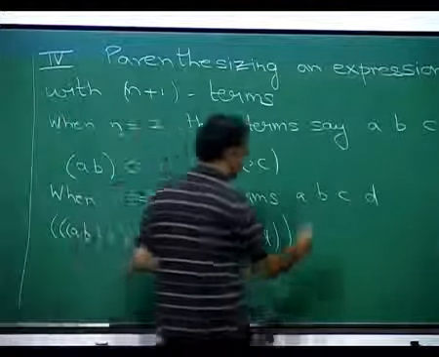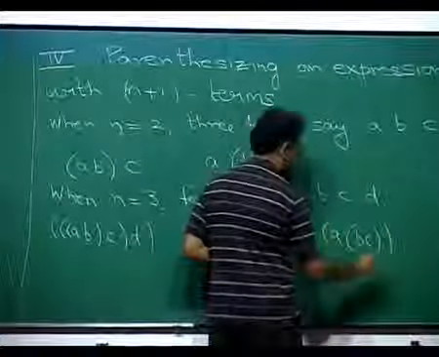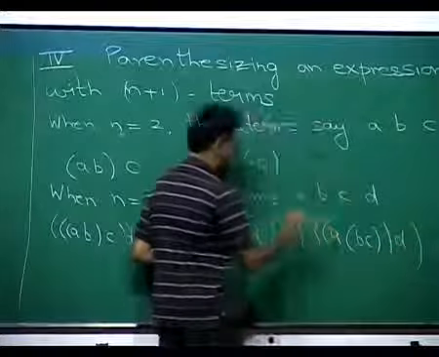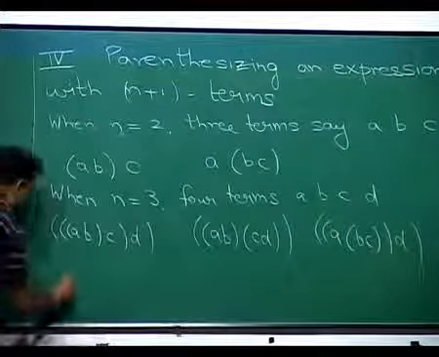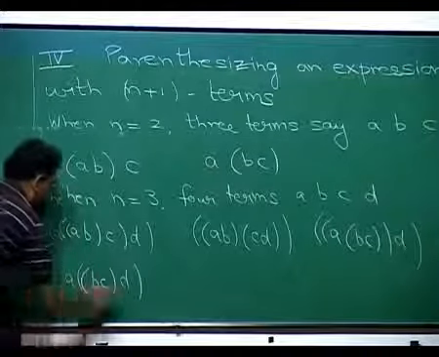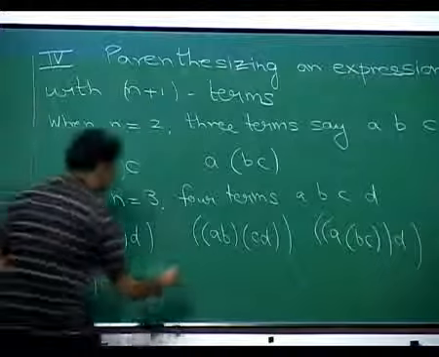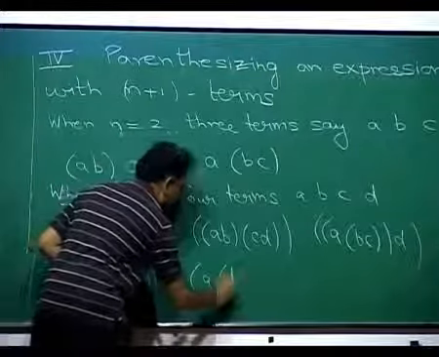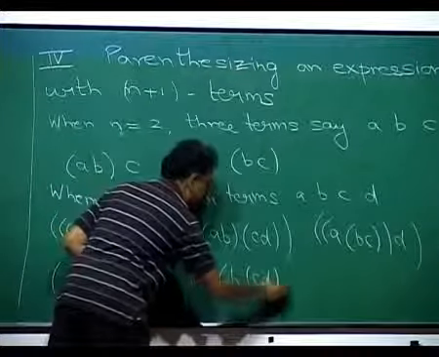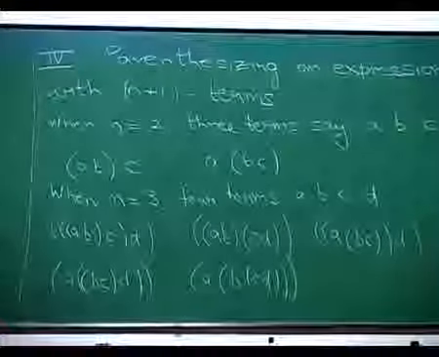Or you could take A, multiply with the product of B and C, multiply that with D. Or you could take the product of B and C, multiply that with D, then multiply with A. Or finally, you could do it in the other order, A with B, C, D. And again, remarkably, there are 5 ways of doing it.